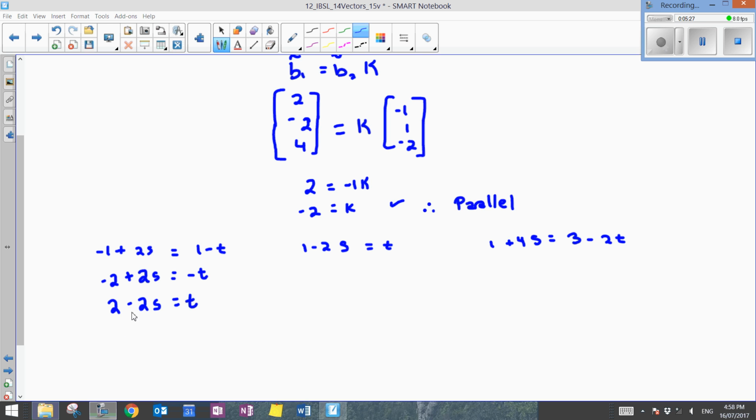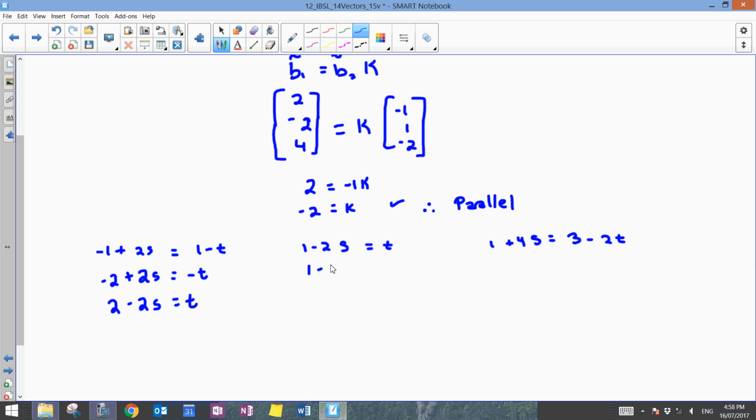So what we start to notice here is if you solve for t, it equals 2 minus 2s. And then here we have 1 minus 2s is equal to t. So if I substitute 2 minus 2s in here, and I add 2s to both sides, we wind up with 1 equals 2. So that doesn't work.